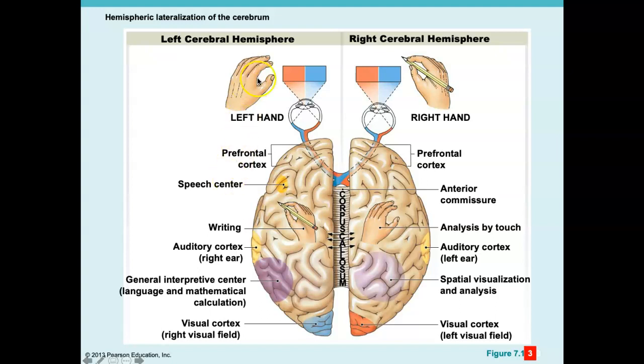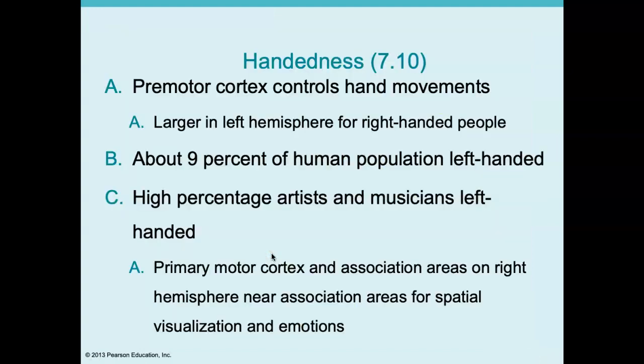So this is showing that information coming in your left eye crosses over and is analyzed in the right side. You can see all the things that are controlled in the right side of the brain versus the left side of the brain. About 9% of humans are left-handed, and there's a very high percentage of artists and musicians that are left-handed.